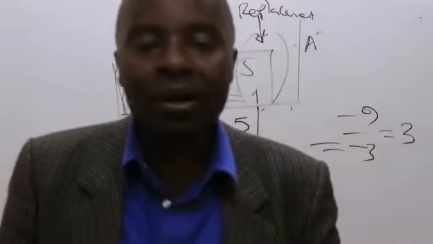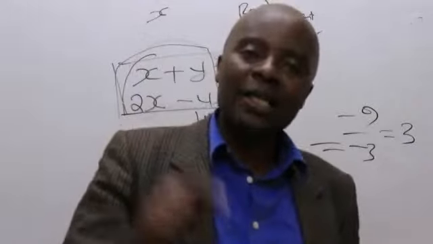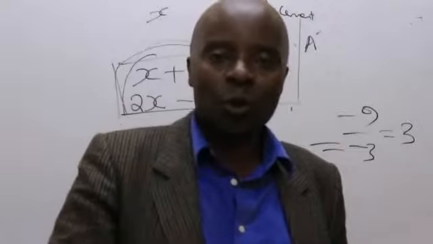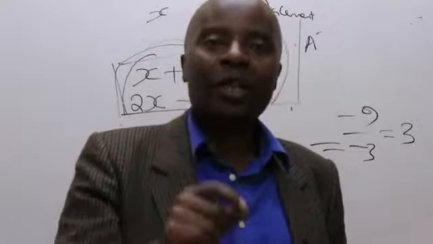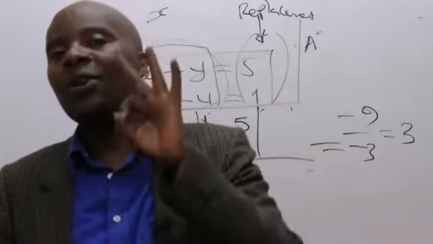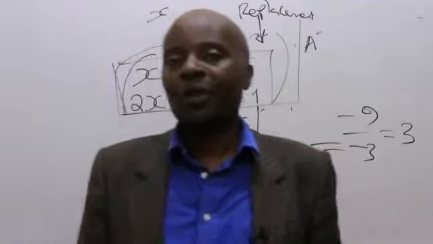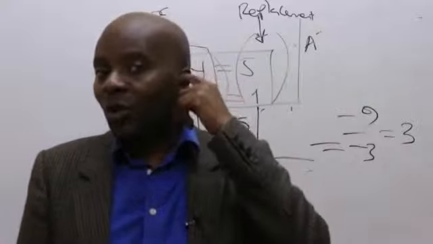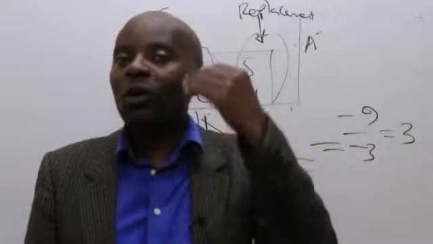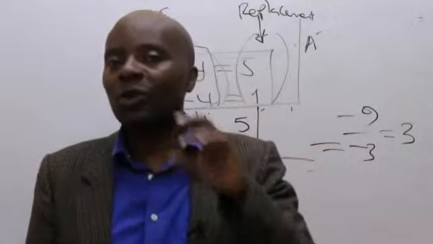And remember, your examiner does not restrict you. He simply tells you to use matrices. It even becomes much simpler when you have got 3 unknowns, as I will be showing you in my next class. Remember all those basic steps that you have got to go through to inverse.